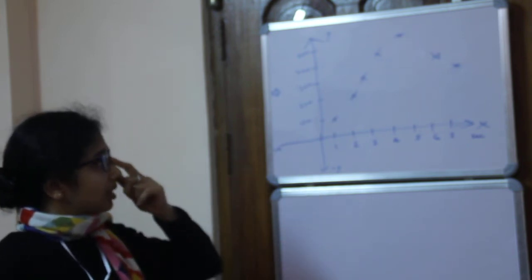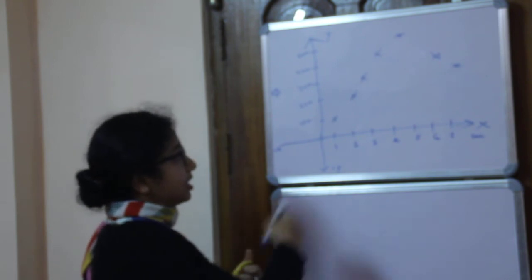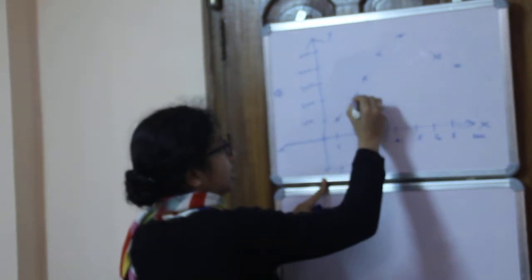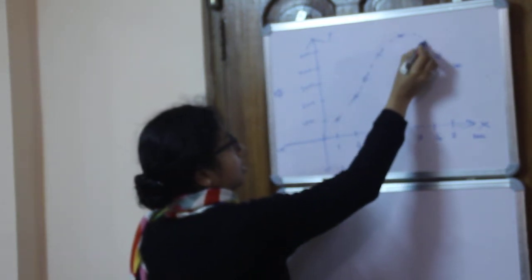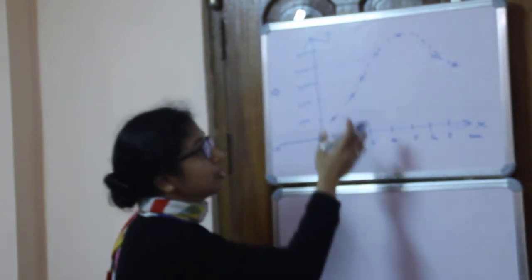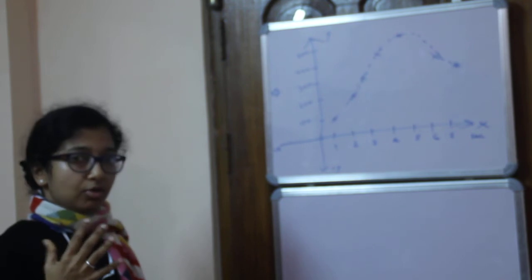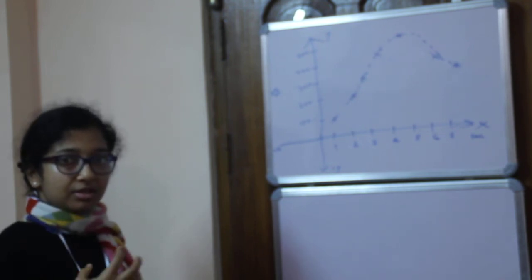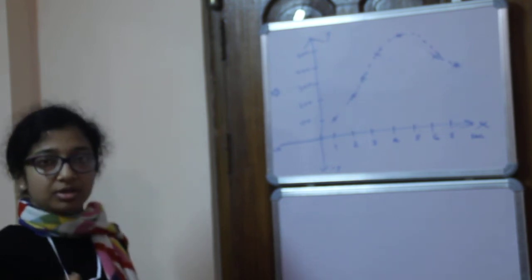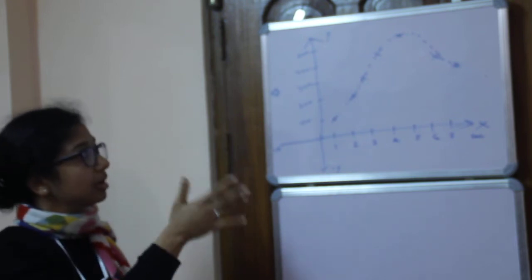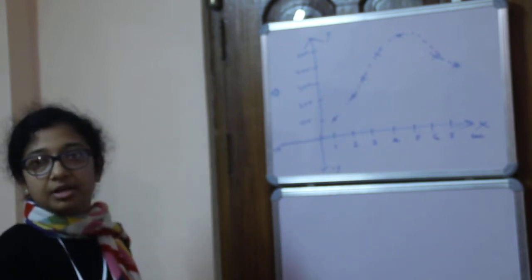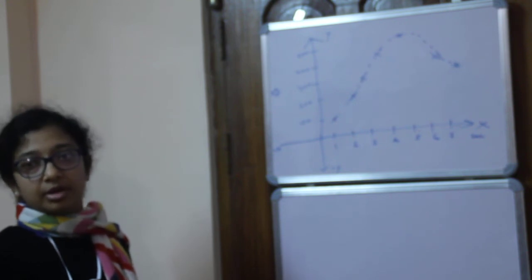But here, if we connect the points, do we get some pattern, some known pattern? Our mind always tries to get something in the simplest form, right? And what is the very simplest form of curve?